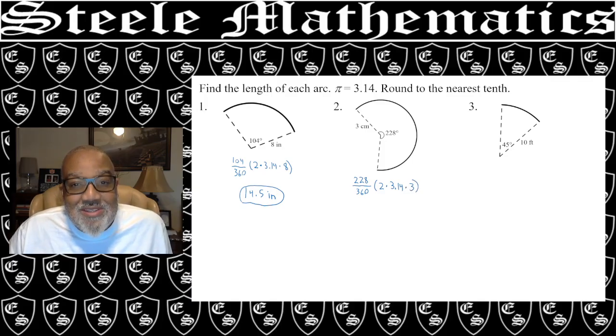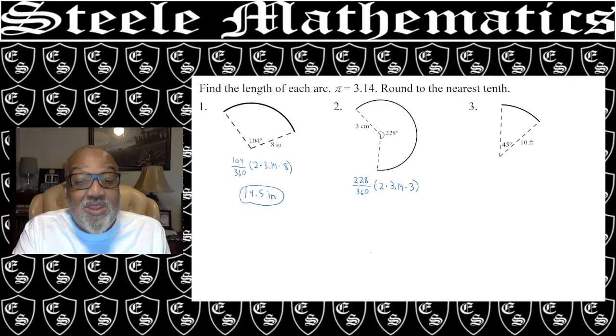So this is how it's set up. So now you're going to take your calculator and you will go 228 divided by 360 times 2 times 3.14 times 3. And you will get 11.9 centimeters.